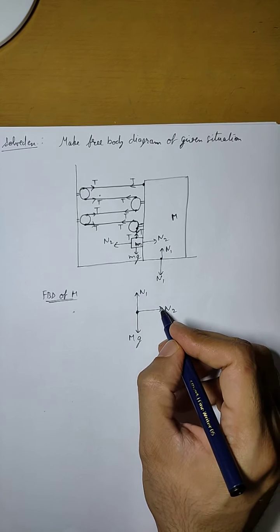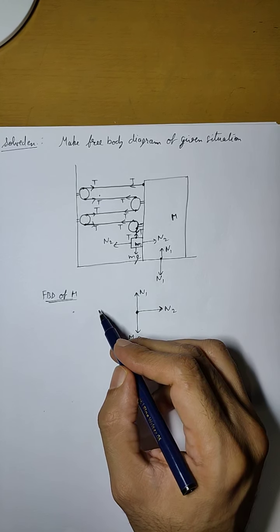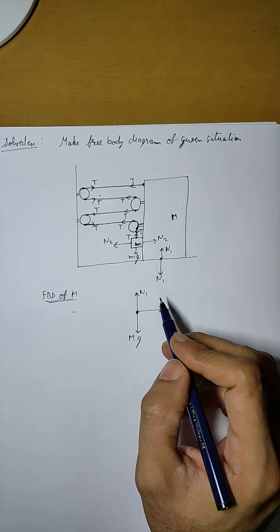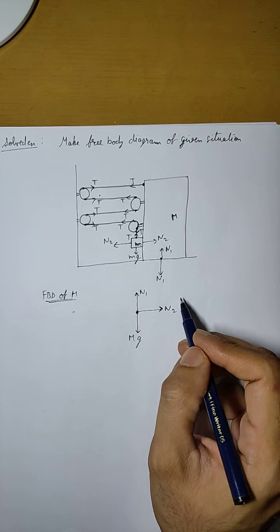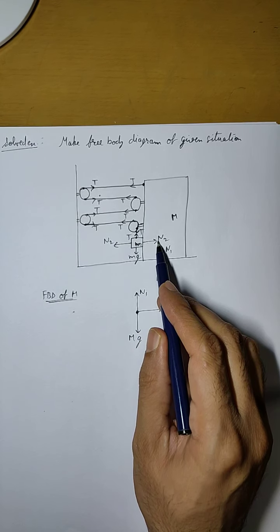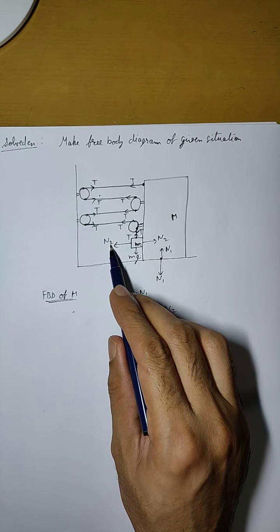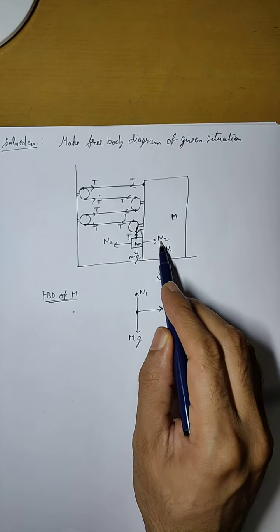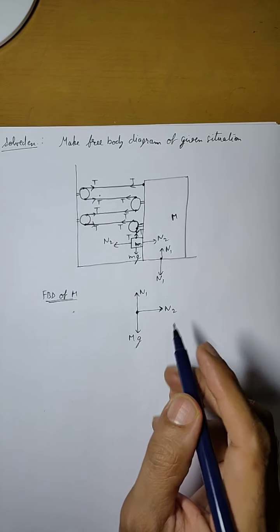And we always remember that during the making of a free body diagram, we always consider the forces applied on the body. So since this N2 is applied on the body, and this N2 is applied by this body, we are going to consider only this N2. So we made this here.